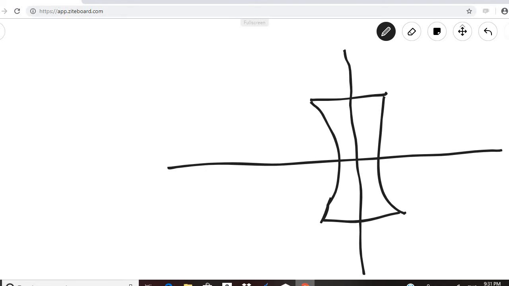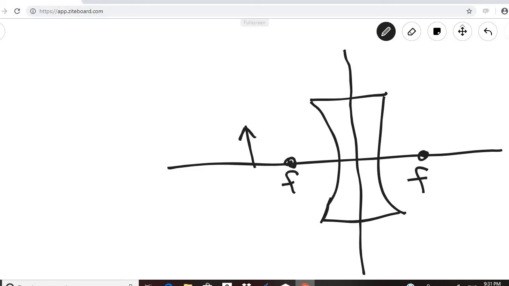Okay, so example 12.6 says that the focal points are 5 centimeters. So this is 5, that's a focal point, and again it's a lens, so there'll be focal points on both sides. And then it says that the object is 7 centimeters away. Okay, so we will draw that object right there.